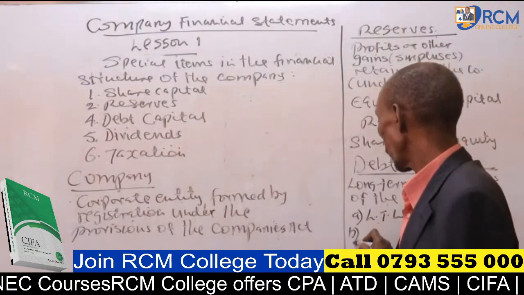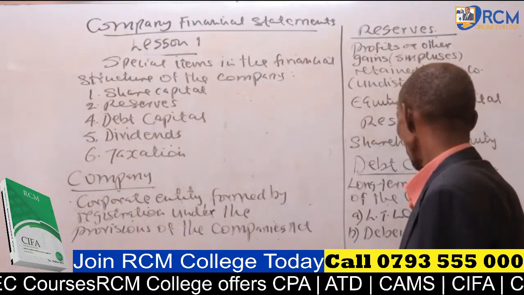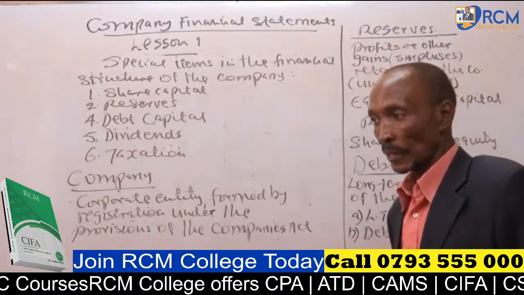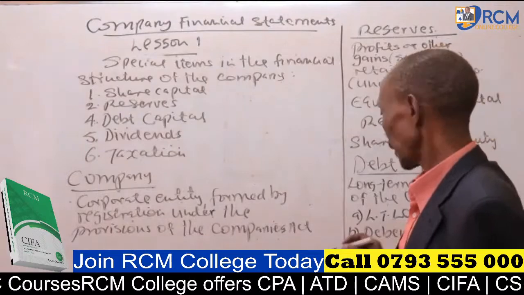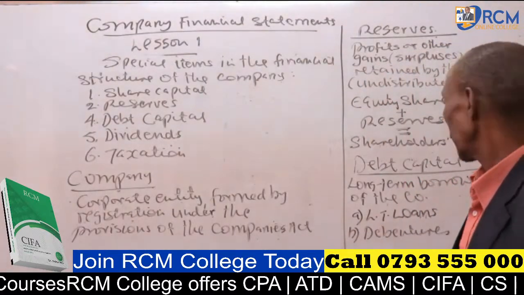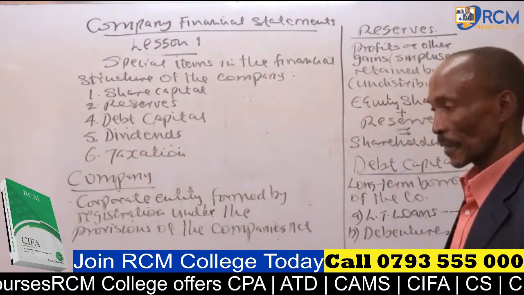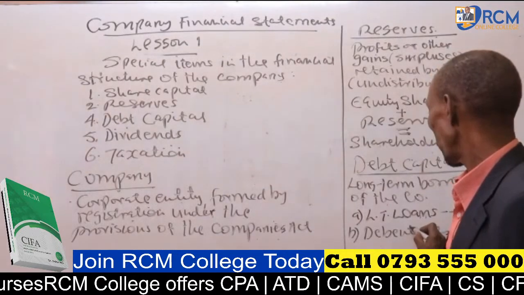Then we also have what we call debentures. In both cases, the company has borrowed money, but the manner in which it will be repaid is what differs. These loans can be paid back by installments, but with debentures, the amount will be paid back at once.